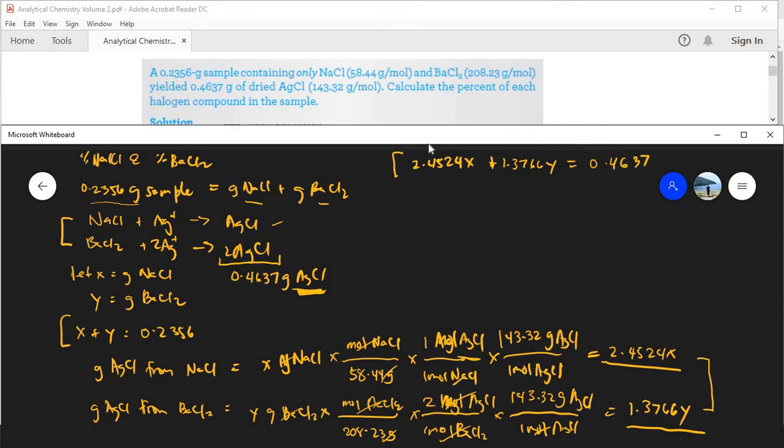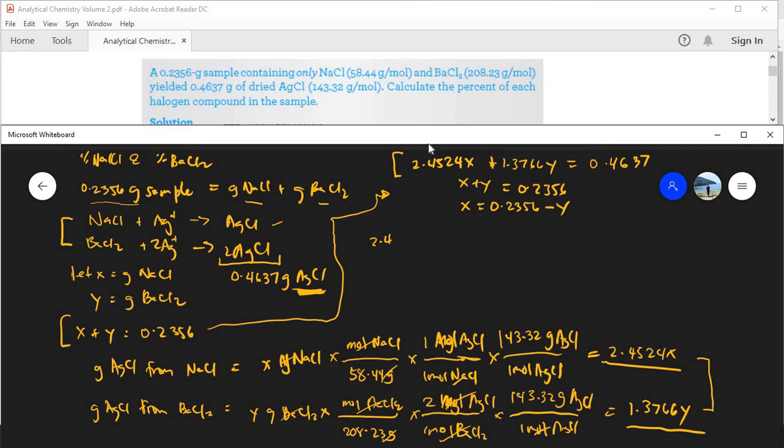Now we have two unknowns and two equations, so we can substitute. Because x plus y equals 0.2356, we let x be 0.2356 minus y and substitute it into the equation.